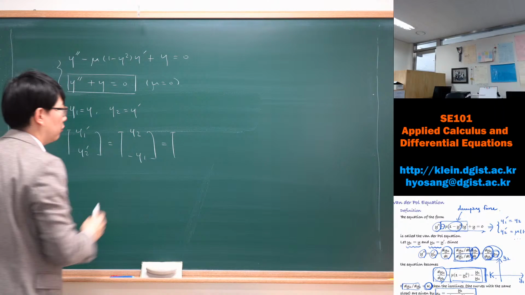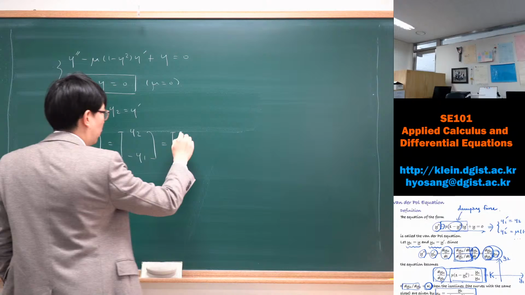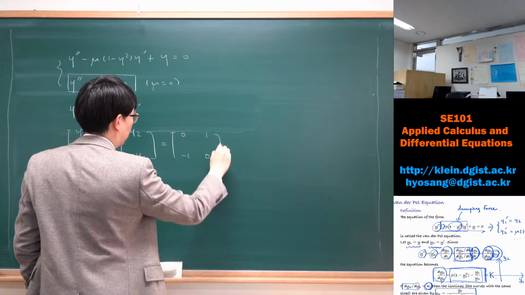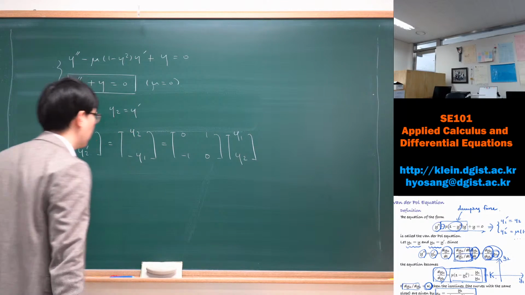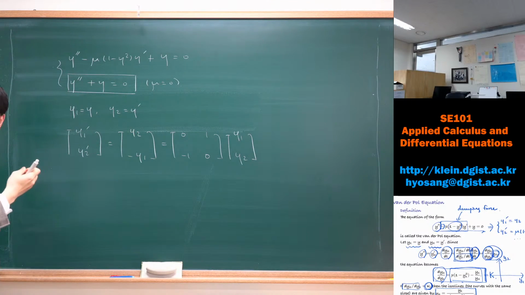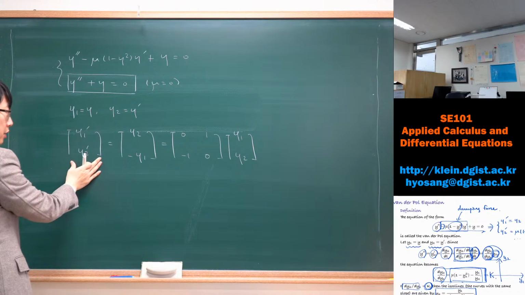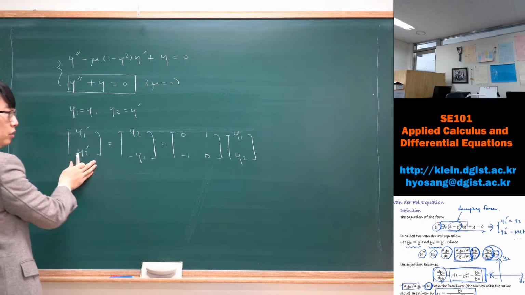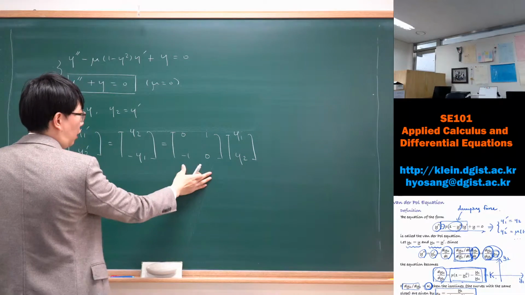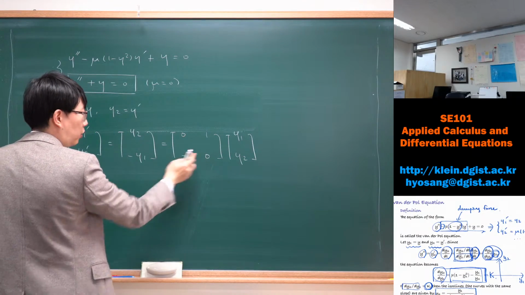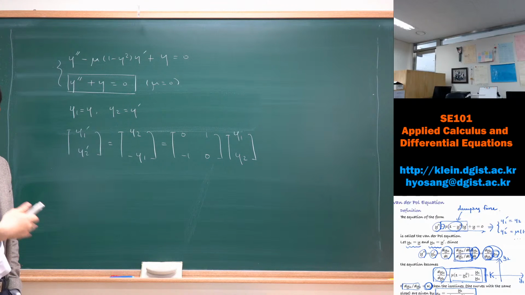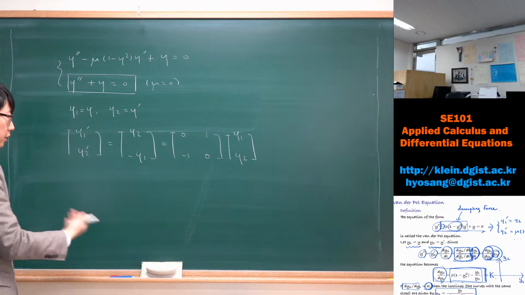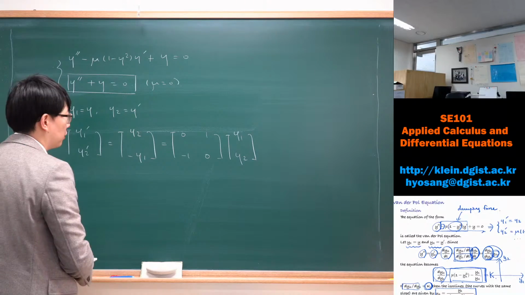And you can write this in matrix representation as 0, 1, minus 1, 0, times y1, y2. So this simplest second order differential equation is a system of differential equations in terms of y1 and y2 with this matrix A. And we categorize all the nodes in the system of first order differential equations.